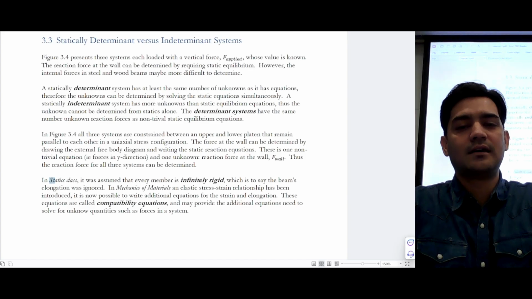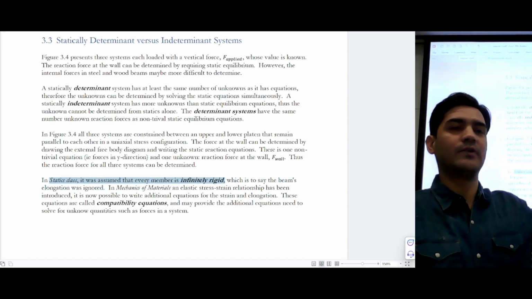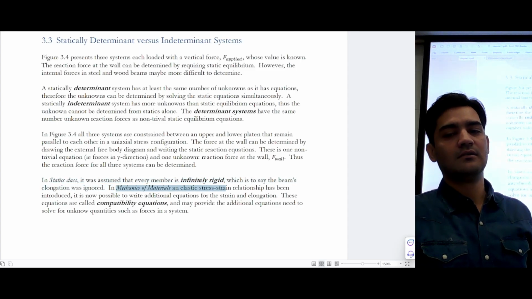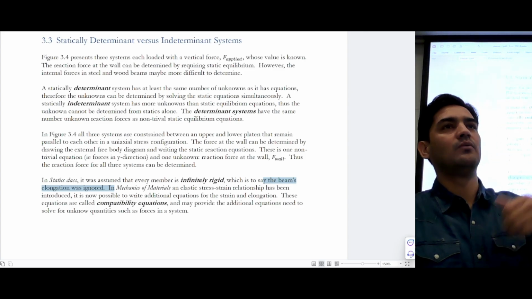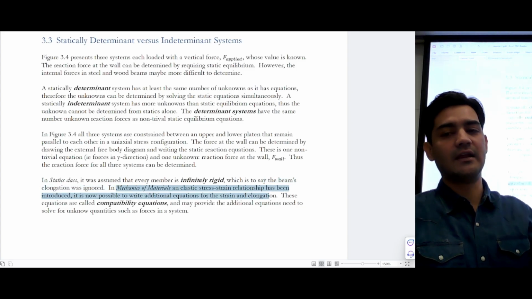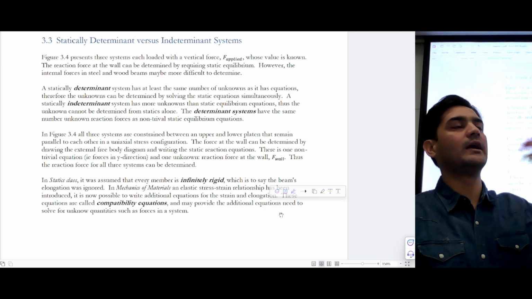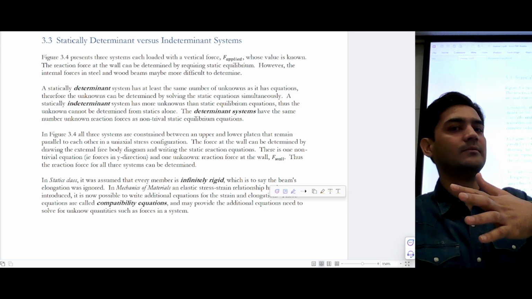In statics, it was an assumption that the body is rigid, it's not going to deform, right? But in mechanics of materials, we have studied deformable body mechanics. We can calculate deformations. We can calculate stresses and strain. So from the knowledge we gained in mechanics of materials, we can generate new equations to solve the indeterminate system.